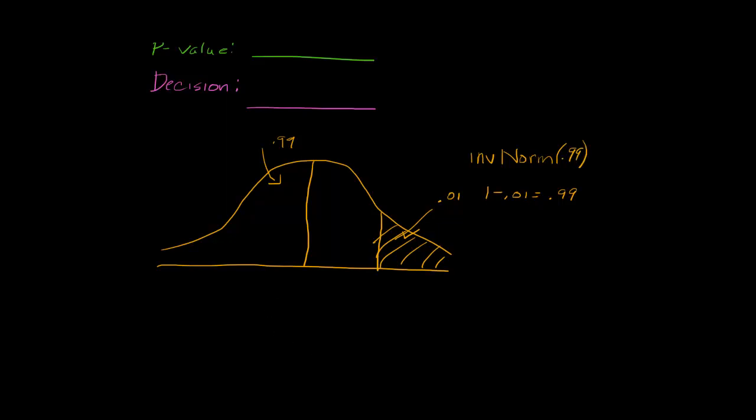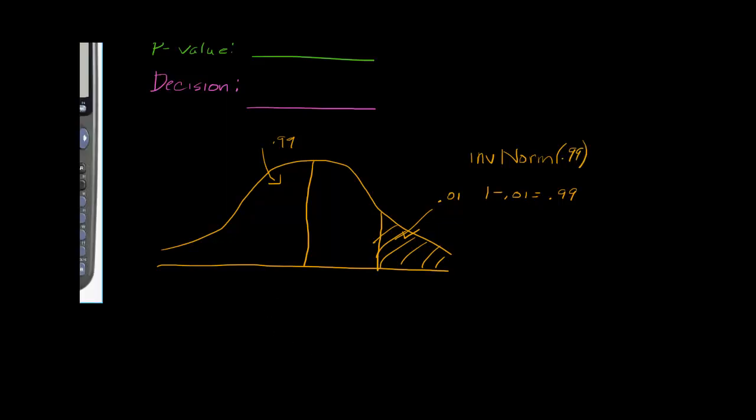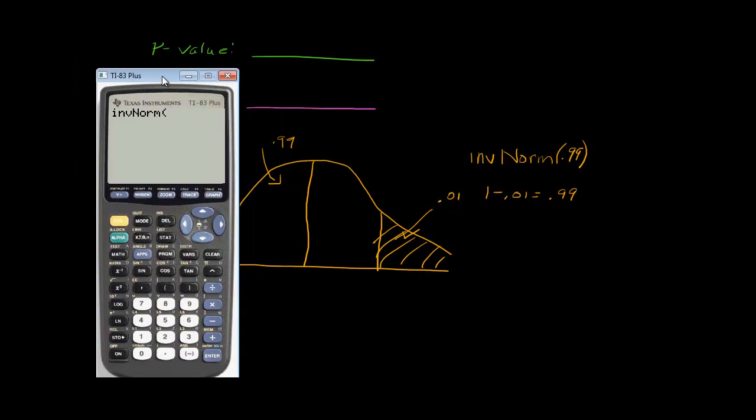And let's remember how to do that. Okay, that's in our distributions, second. Pull up our distributions. Okay, and inverse norm is the third one down here. Enter. Let me do that one more time.